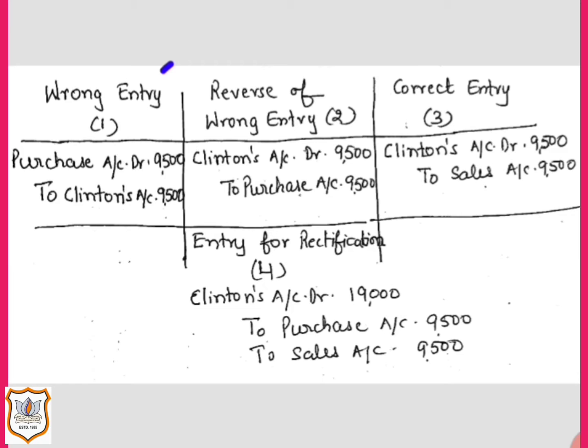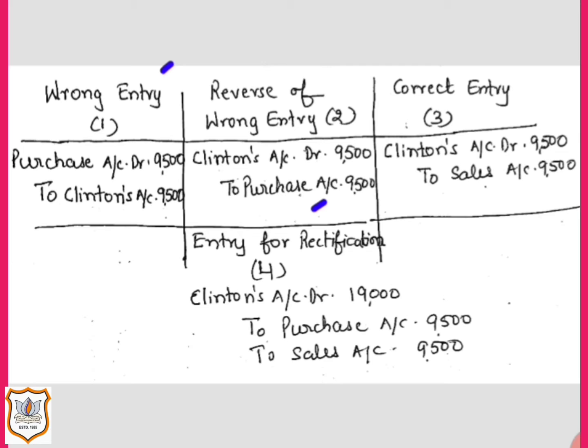Now, in the second step, we will write the reverse of the wrong entry to nullify the effect of the wrong entry. Here it is, or we can say that we will apply the principle here, that is, undo what is wrong. So here we will write the reverse of the wrong entry, that is Clinton's account debit to purchase account. Now in the third step, we will write the correct entry which should have been passed.